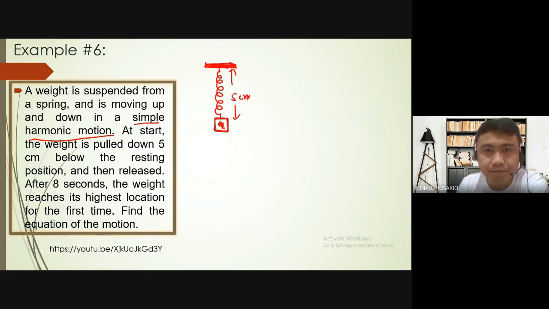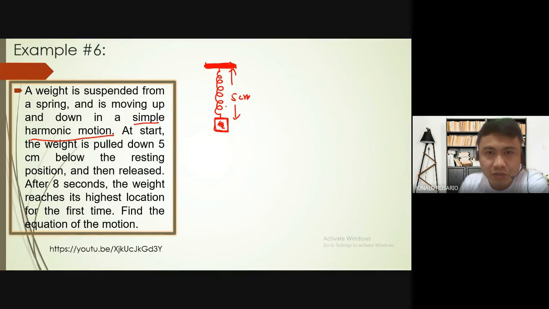Ang tanong, after 8 seconds, the weight reaches its highest location for the first time. So imagine nyo, if you have a weight hung in a certain spring, after a certain time, babalik at babalik yan sa original position.